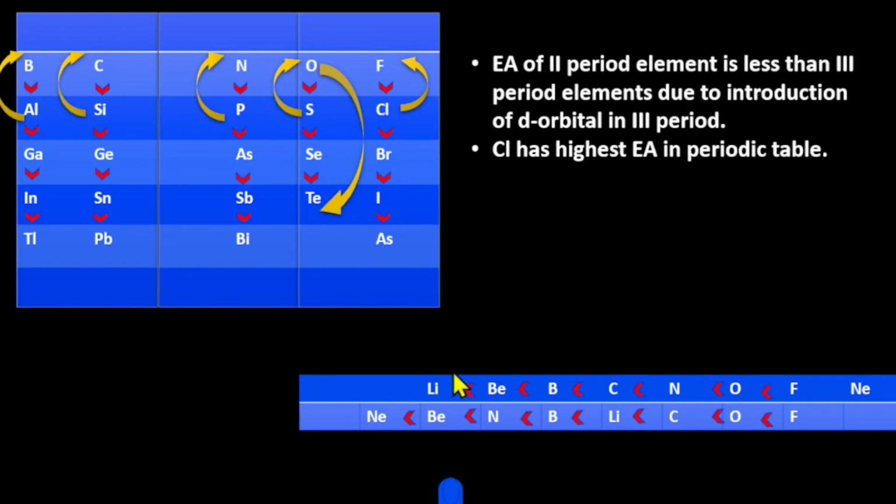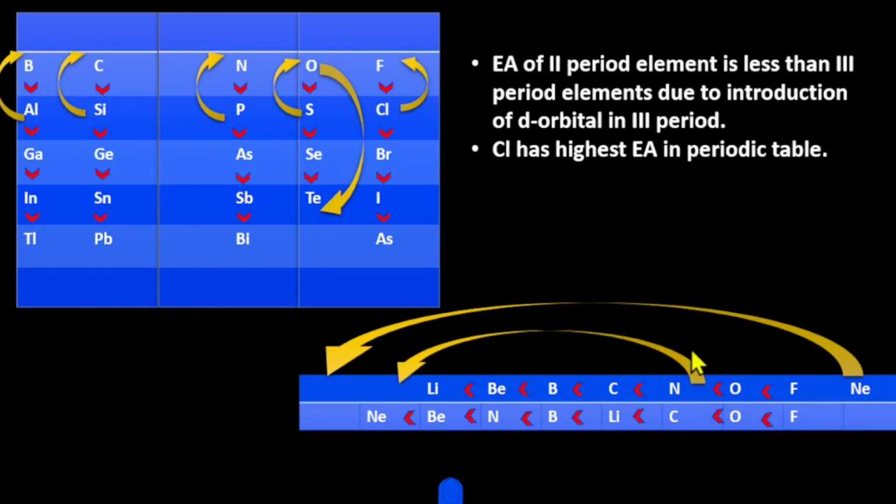Now along the period there are some other exceptions. Neon, definitely neon is a noble gas, it will come at the last. Nitrogen will come here. Tell me in the comment box why nitrogen will come here. Pause the video, think over it, tell me in the comment box.